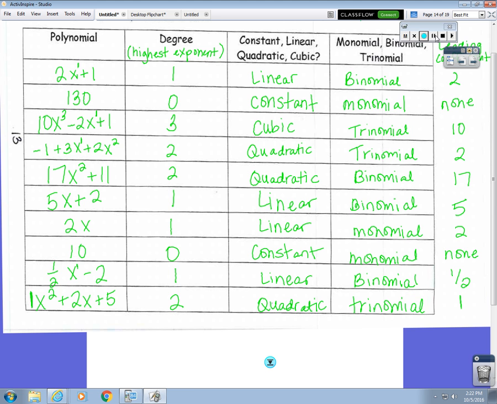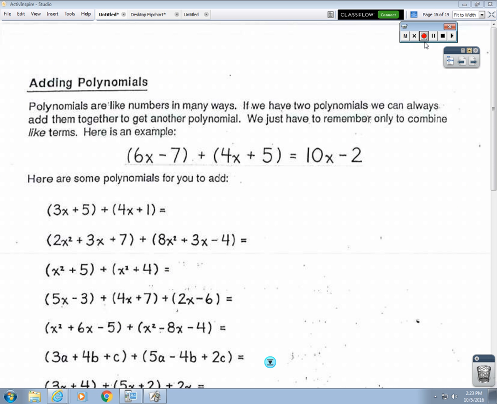Okay, go ahead and turn to the next page. Add polynomials. 6x minus 7 plus 4x plus 5 equals this. Well, where did this 10x come from? Right. Now, the reason we knew we could combine those two is because both of them are x to the first power, right? You're not actually going to do anything with their exponents, though.